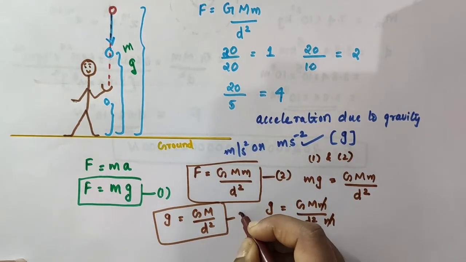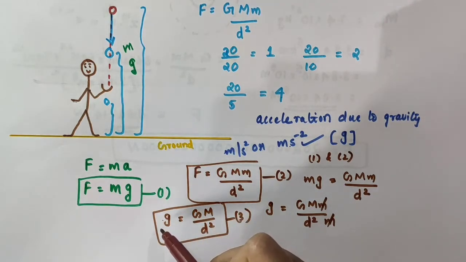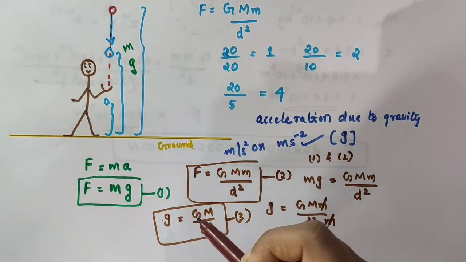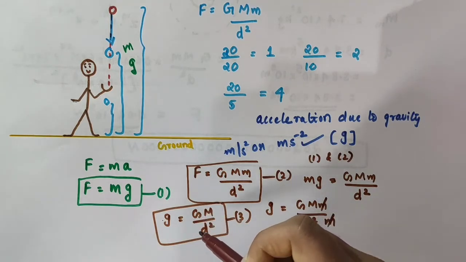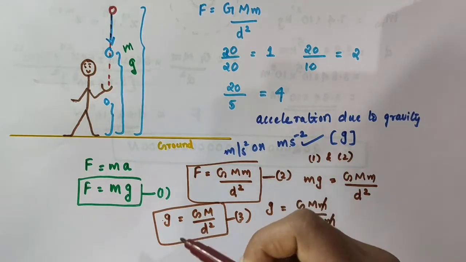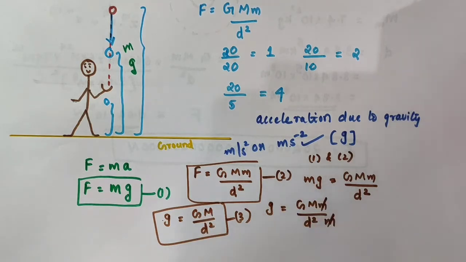I'm taking this as equation number 3, and this is the expression for the acceleration due to gravity. g is the acceleration due to gravity, capital letter G is the universal gravitation constant, capital letter M is the mass of the earth, and d is the distance of separation. So we got one expression for the acceleration due to gravity: g equals G M by d square.